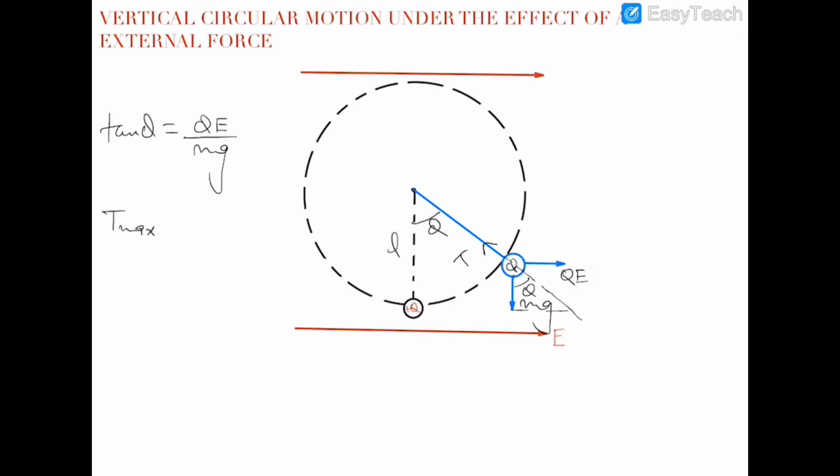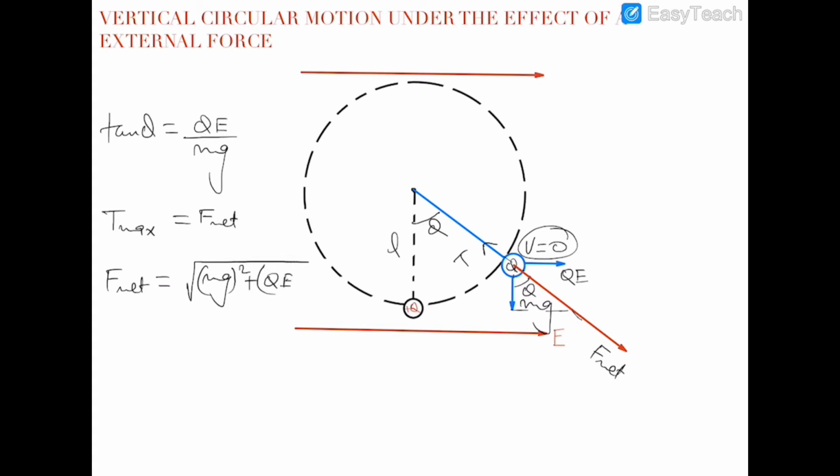Now we have to find out the maximum tension of the ball in the equilibrium position, T max. To find that T max, we draw the forces. Because it is an equilibrium position, the velocity will be 0. So the net force will be equal to under root of mg square plus QE square.